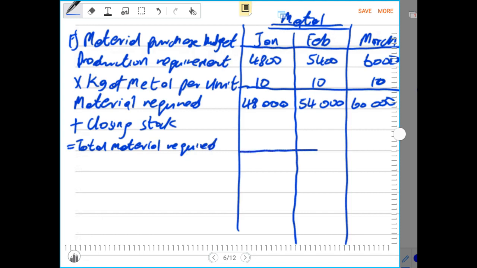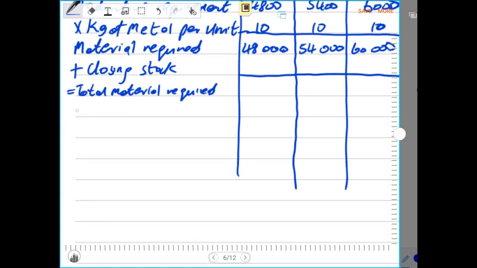Then after we get to the total material required, we will have to subtract the opening stock, less opening stock, because opening stock was already bought in the previous accounting period. We don't need to buy material that was there in the beginning, because it was already bought in the previous accounting period.